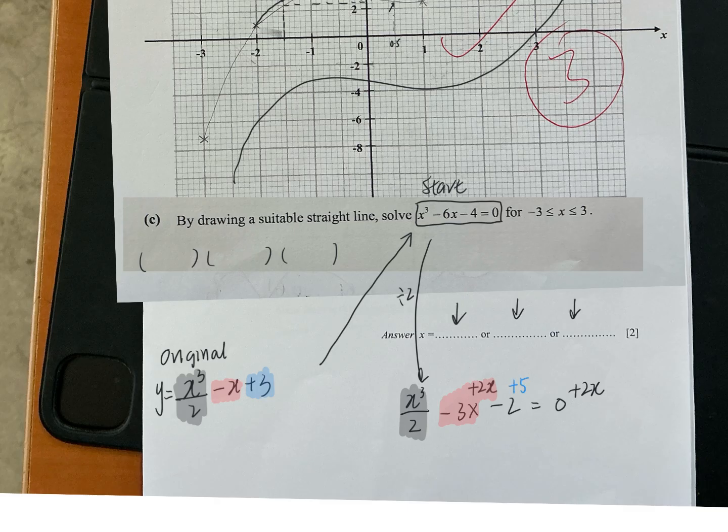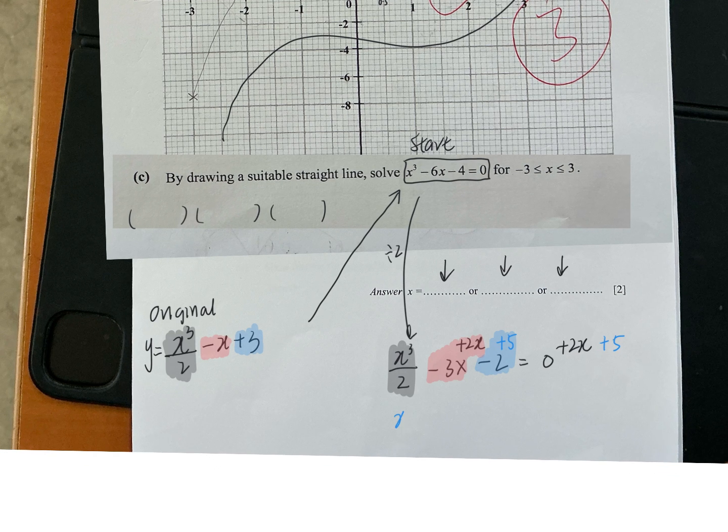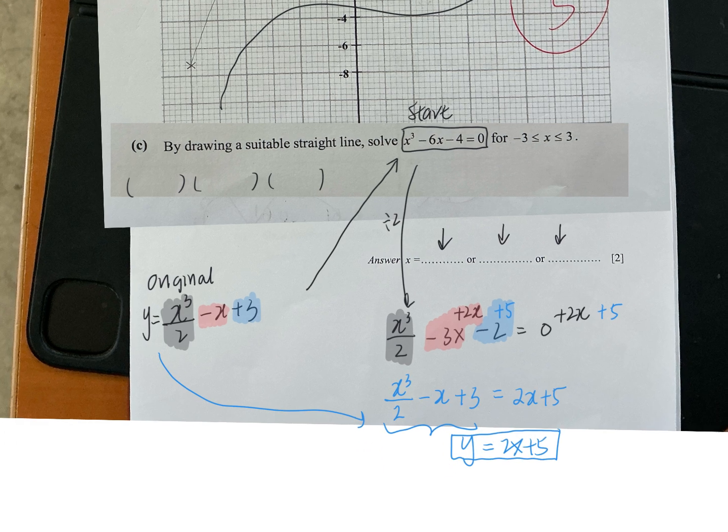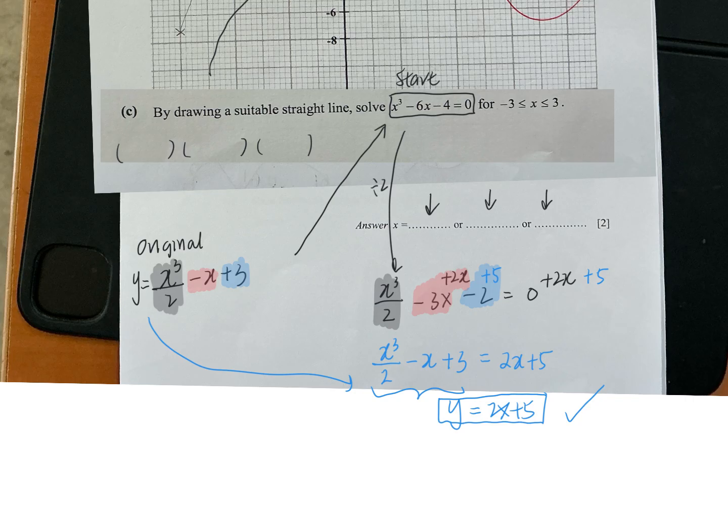Add 5, so that this becomes plus 3. If I simplify this now, this is exactly the equation I want. So this is my equation for y. The suitable line I need to draw is this line. Once I see this, I give you the 1 mark.